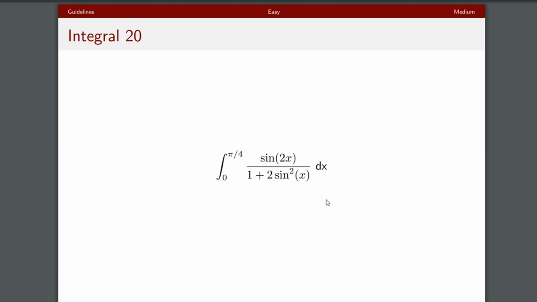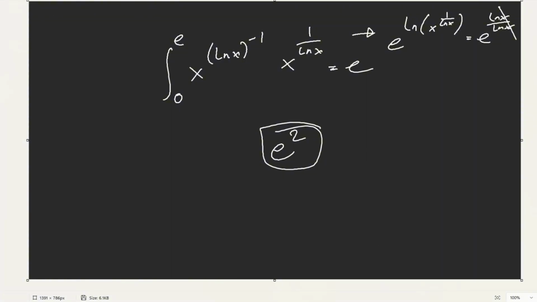Here, sine 2x. Remember the derivative of sine square? It's sine 2x. So we could actually u-sub the entire thing if you think about it. Not the entire thing, I'm sorry, the entire denominator. Pi over 4, we have sine 2x, and we have 1 plus sine square of x dx.